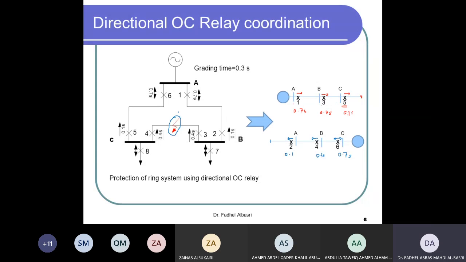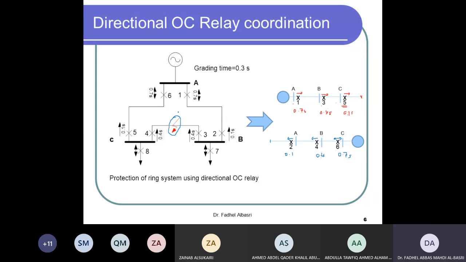Once 3 and 4 open, the current will stop flowing from 6 and 1. So these 2 breakers will reset again to their normal operating condition as there is no fault, because 0.7 seconds is not reached. As a result, I have achieved selectivity by clearing only the faulty line.